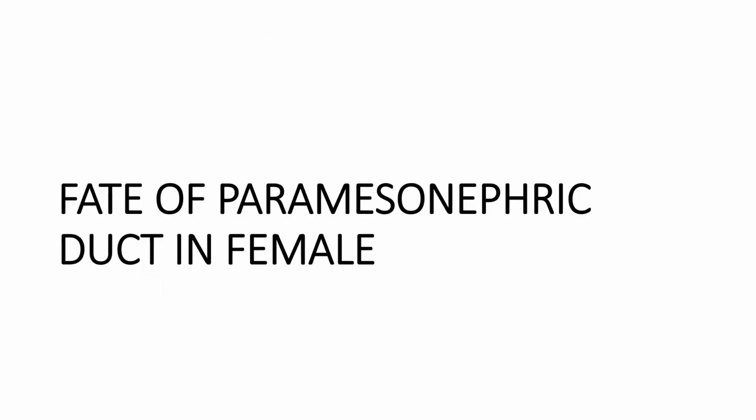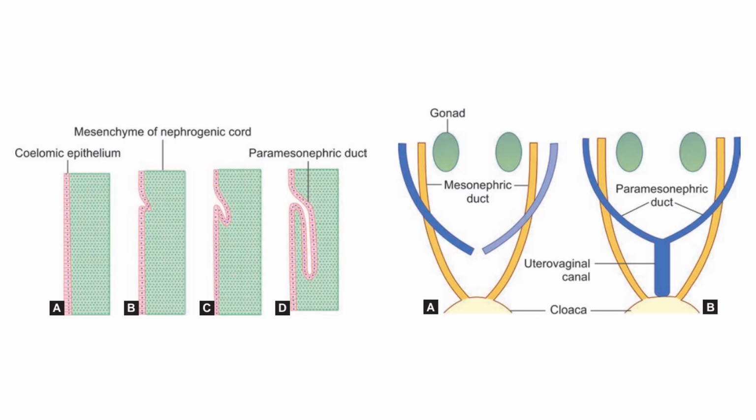We can move on to see the fate of the next duct, that is the paramesonephric duct in the female. So this is a section showing the urogenital ridge. As you have seen earlier, the surface of the urogenital ridge will be covered by the coelomic epithelium.